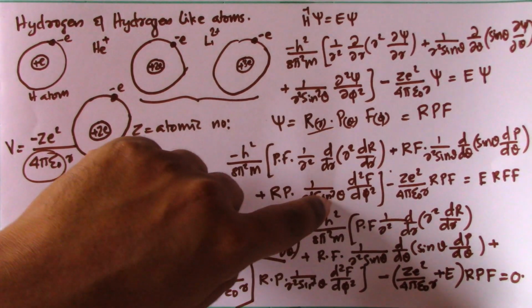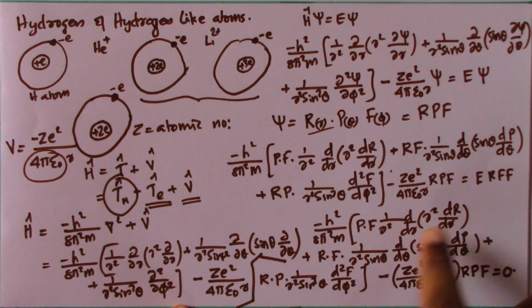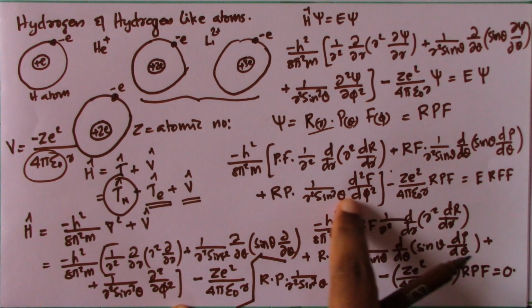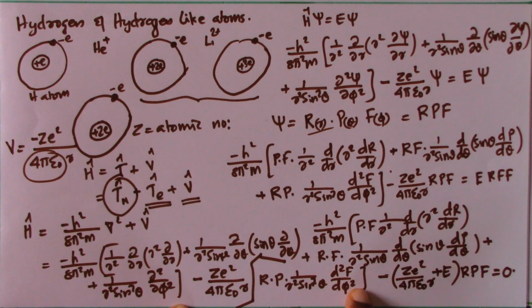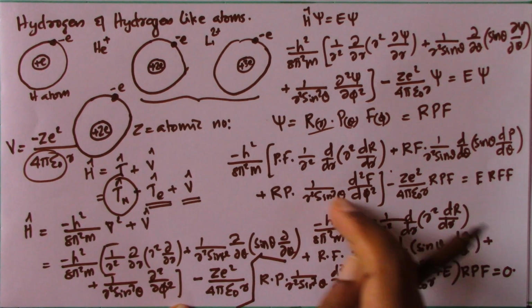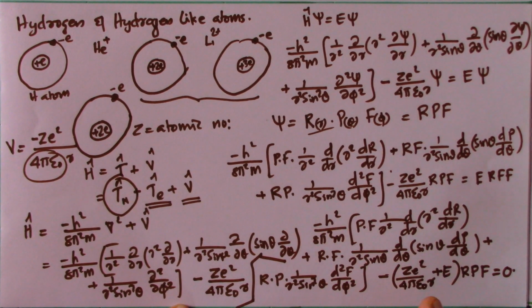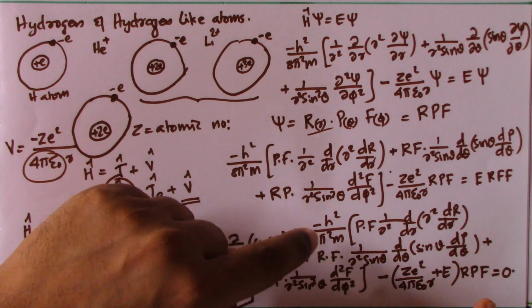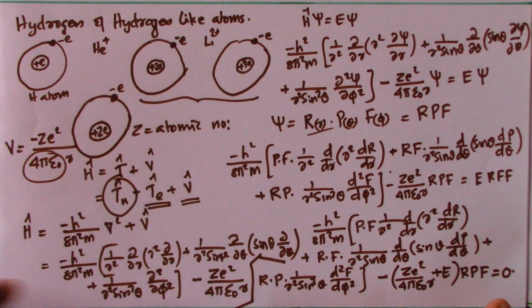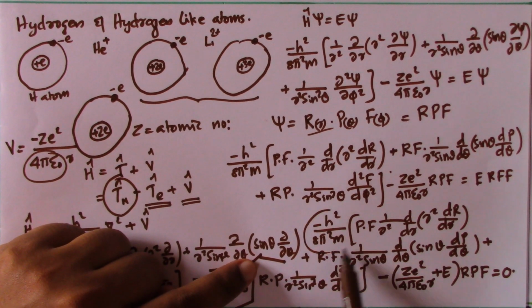This minus h square by 8 pi square m is common for this term and this term, from where the square bracket begins to where the square bracket ends. There are three terms, and the minus h square divided by 8 pi square m will be cancelled when I multiply this with minus 8 pi square m by h square.